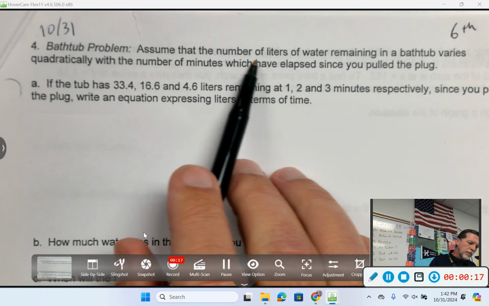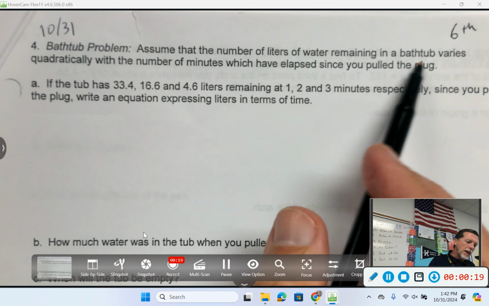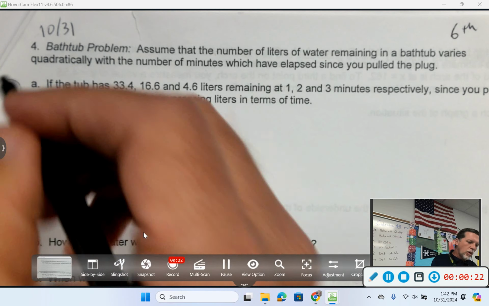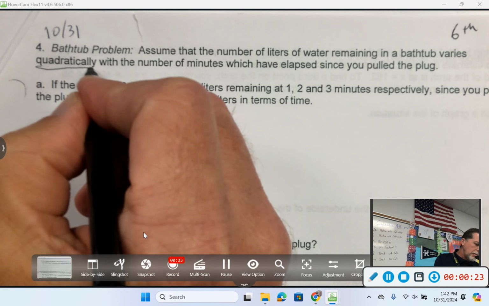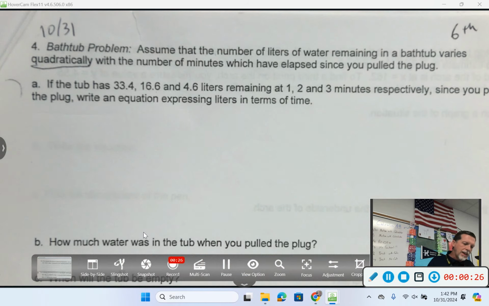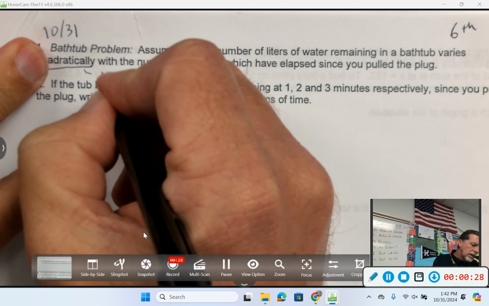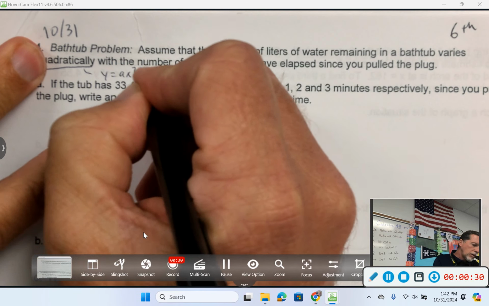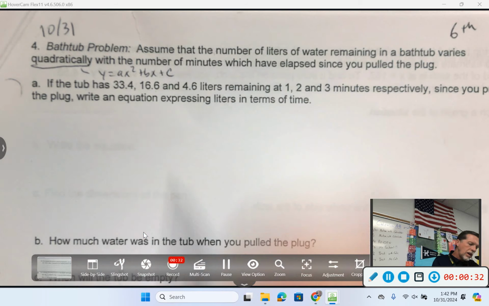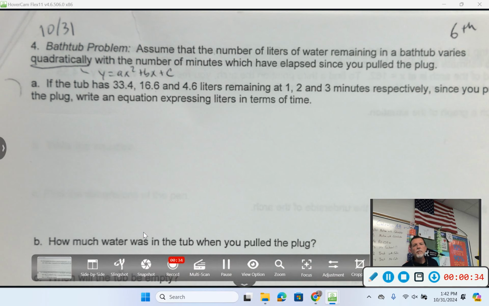Bathtub problem. Assume that the number of liters of water remaining in a bathtub varies quadratically, meaning like a parabola or like the ax squared plus bx plus c, with the number of minutes which have elapsed since you pulled the plug. Okay, I guess that sort of makes sense.